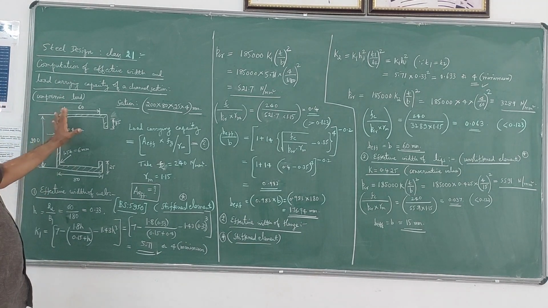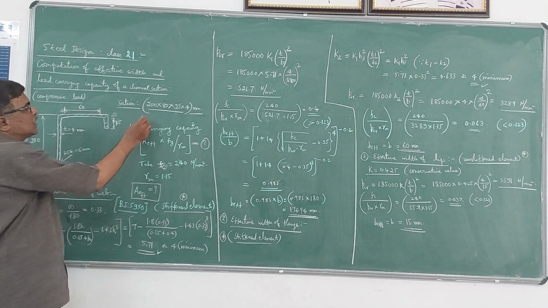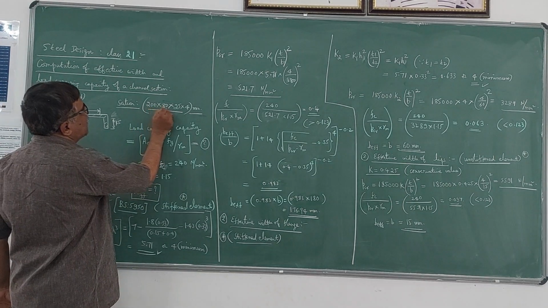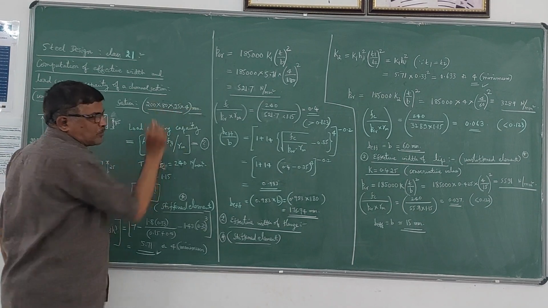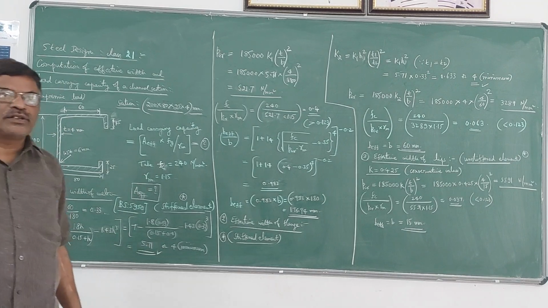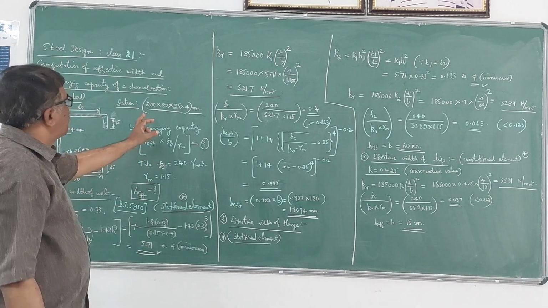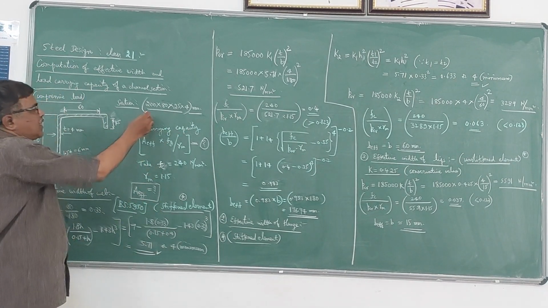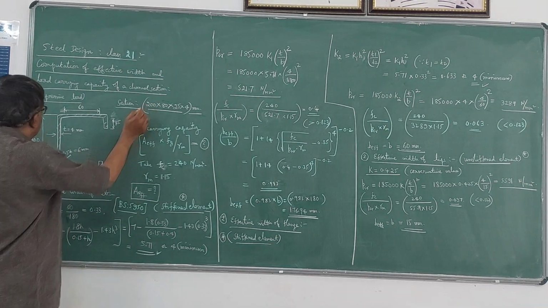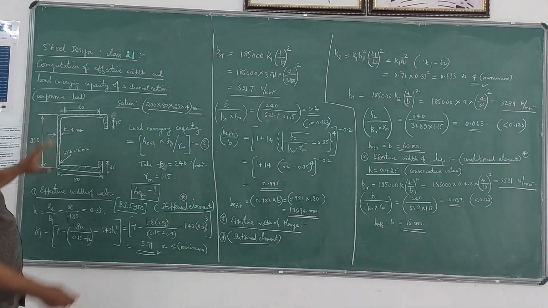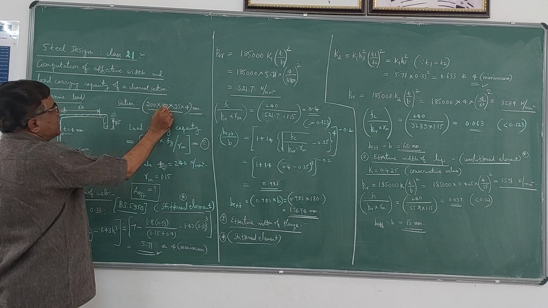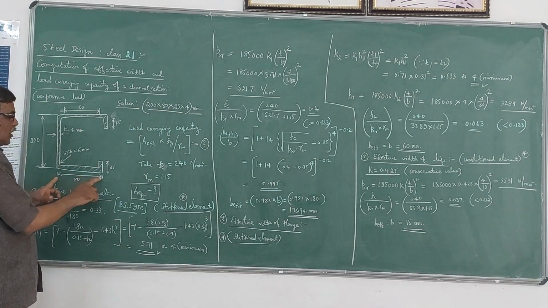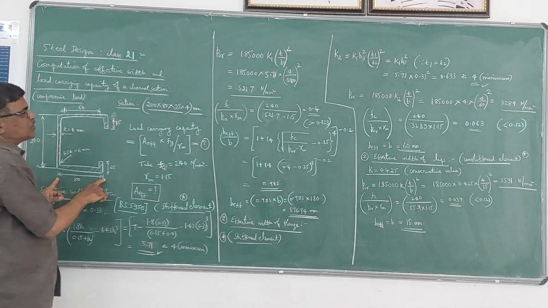Now here in this example, I am going to consider a section 200 by 80 by 25 by 4 mm. So cold formed sections are denoted by these four dimensions. Here you can see that this 200 is the overall depth of the section. 80 mm is the overall width of that flange.